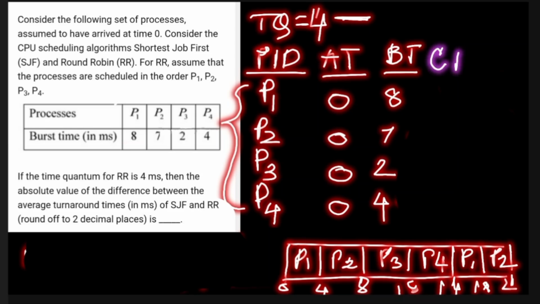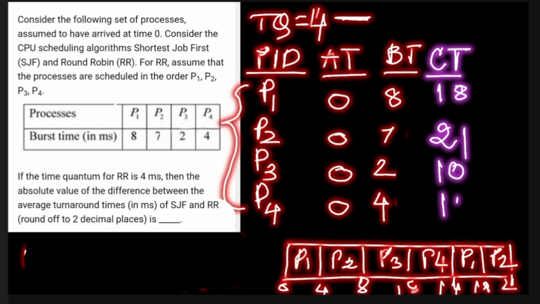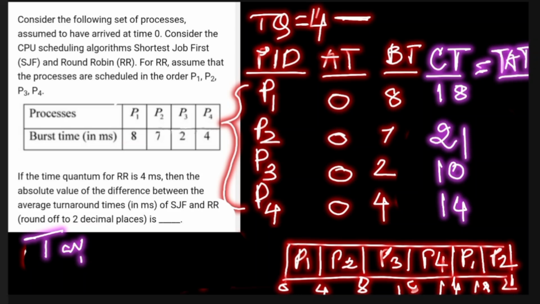The completion time of P2 is 21, P1 is 18, P4 is 14, and P3 is 10. Turnaround time is the same, as we know that arrival time equals 0.